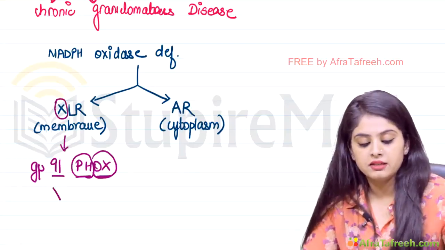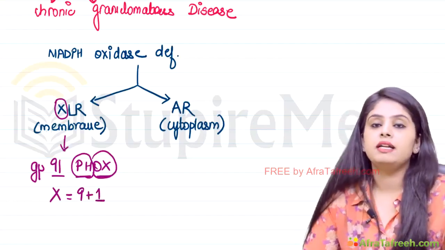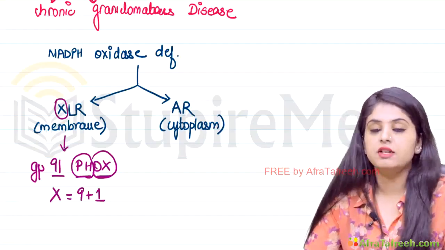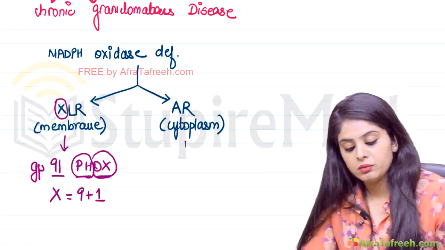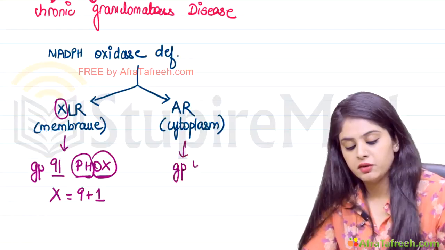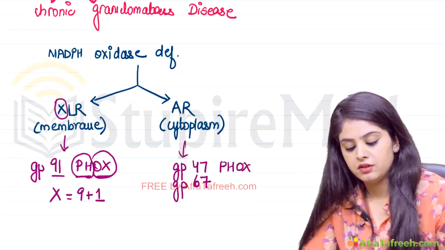This is the way we write 10, which is equal to 9 plus 1. So the GP91 PHOX gene will be defective in the X-linked recessive form. In the autosomal recessive form, GP47 and GP67 PHOX are going to be defective.